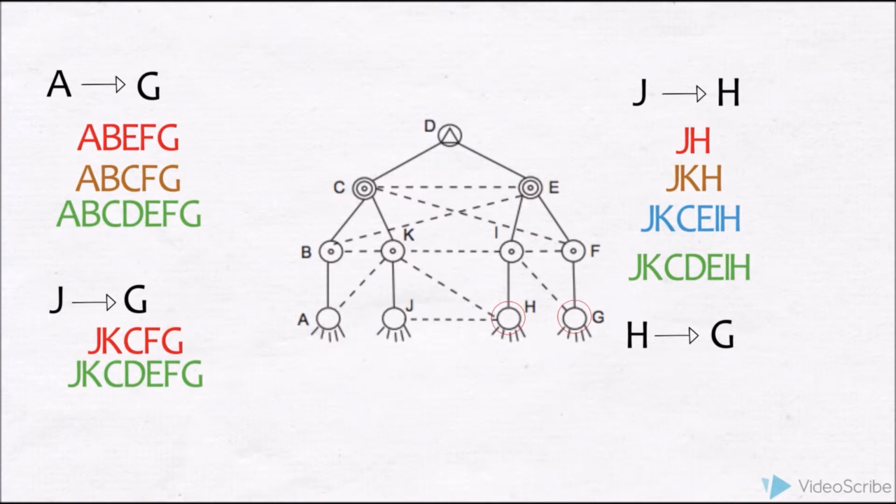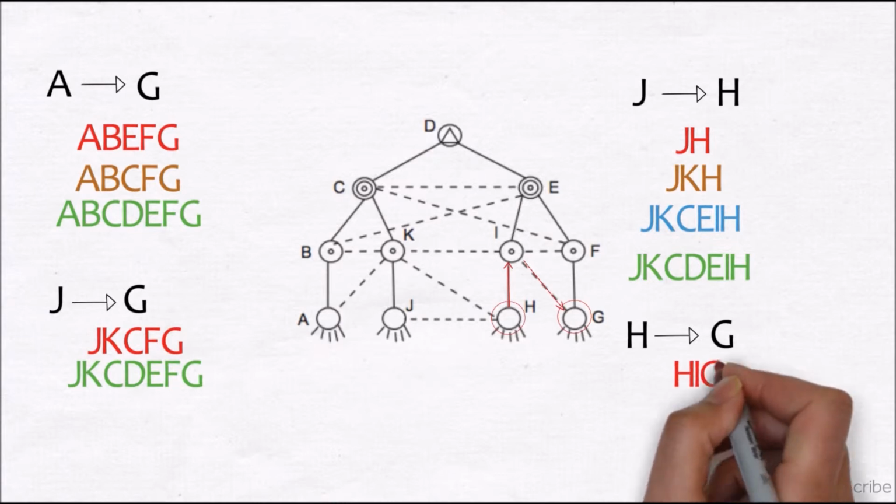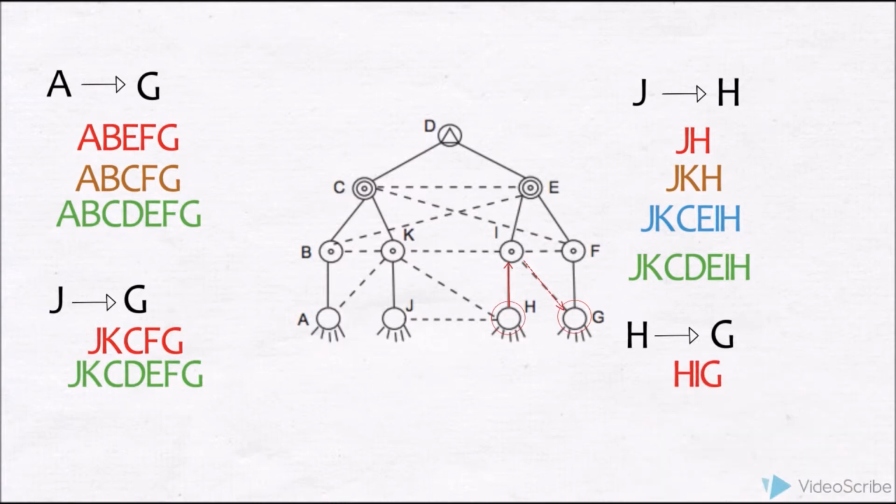You won't have any problem with it. The first path is almost like J to H, I mean, its second possible path. So we have the path H, I, G. And of course, the last one is H, I, E, F, G.